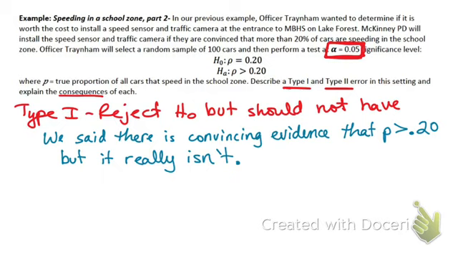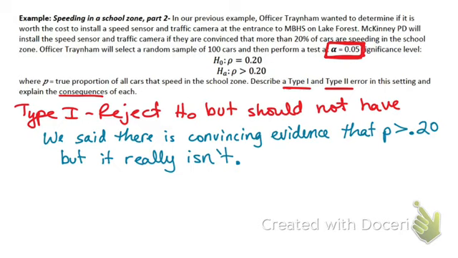Oh no! What happens here? If we say that the true proportion is greater than 20% and we find convincing evidence of that, what's going to happen with the speed sensors?